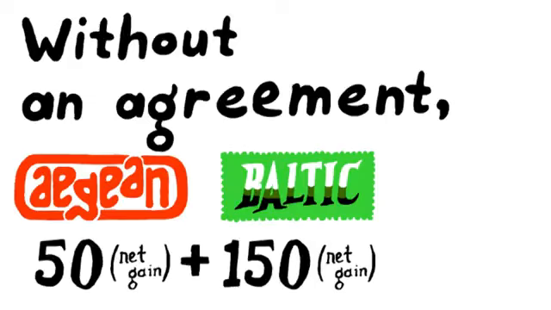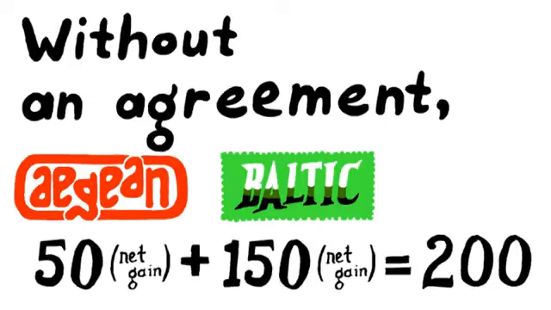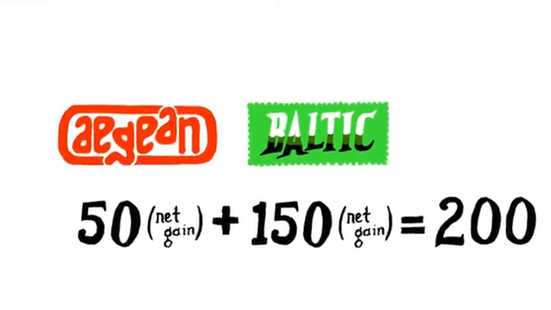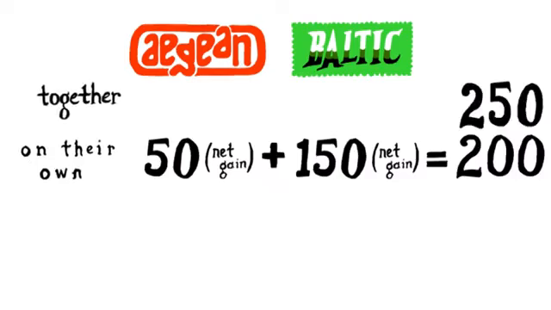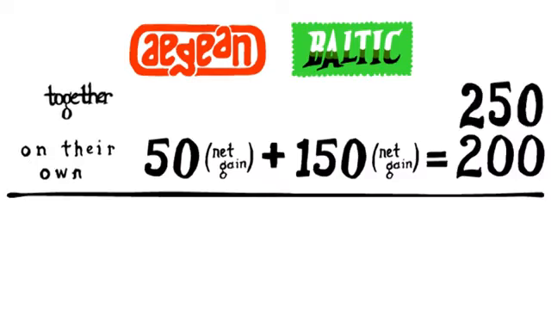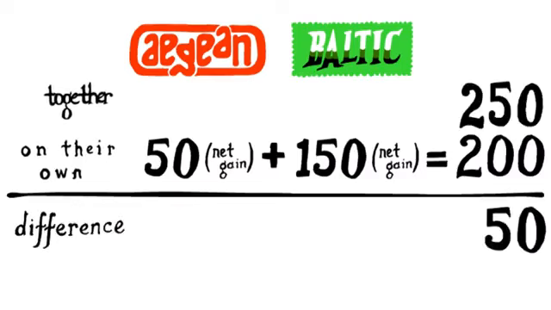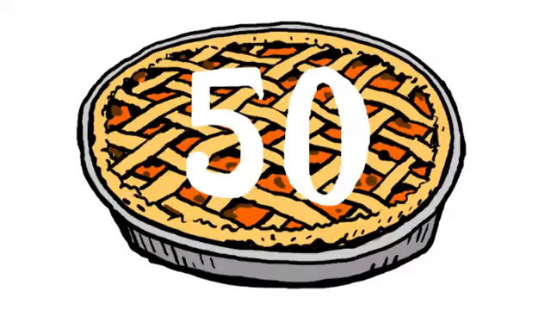So, without an agreement, Aegean and Baltic can jointly reap net benefits of 200. They can increase their gains from 200 working separately to 250 by working together. Thus, the value of an agreement is 50. That 50 is the pie. To get that extra 50, Aegean needs Baltic just as much as Baltic needs Aegean.